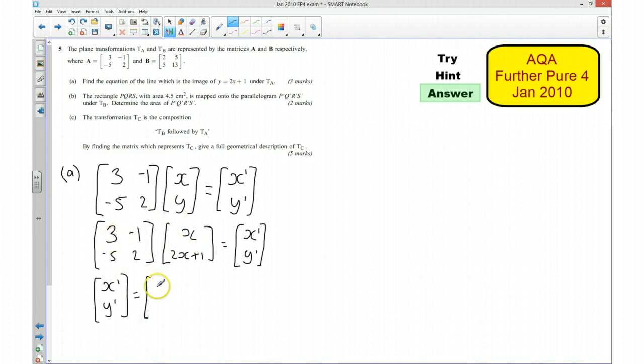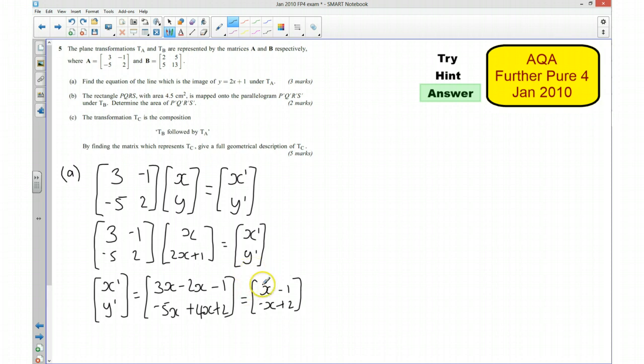I'm going to have 3x take away 2x take away 1, and I'm going to do this row times this column, so that's going to be negative 5x plus 4x plus 2. And I'm just going to simplify this, so I've got x take away 1, and the bottom part is going to be negative x plus 2.